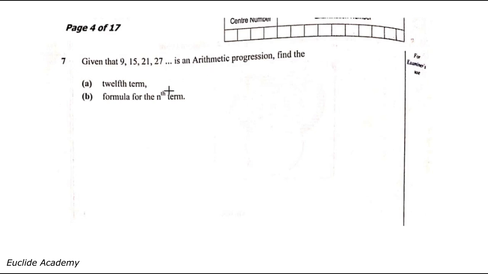Given that 9, 15, 21, 27 is an arithmetic progression, find the 12th term. So when it comes to an arithmetic progression, we know that we use the formula Tn equals a plus open bracket n minus 1 close the bracket, and then we're going to multiply this by d.